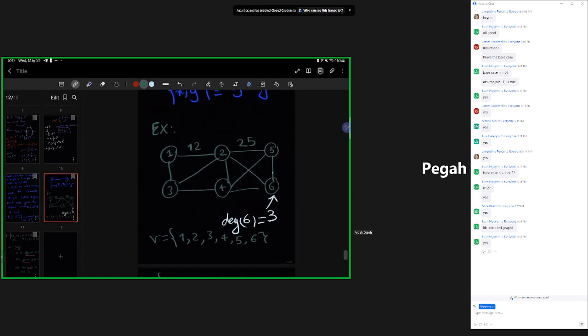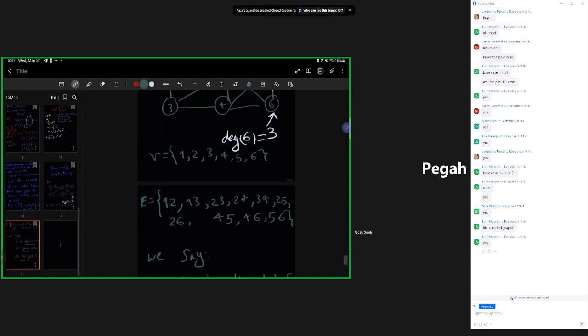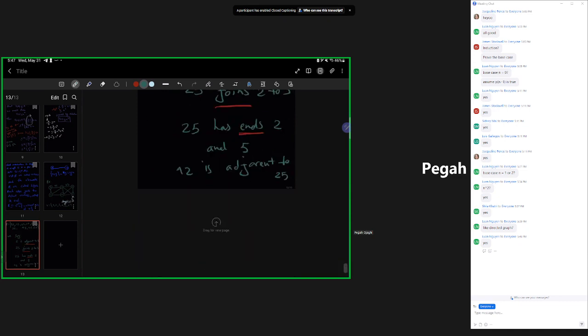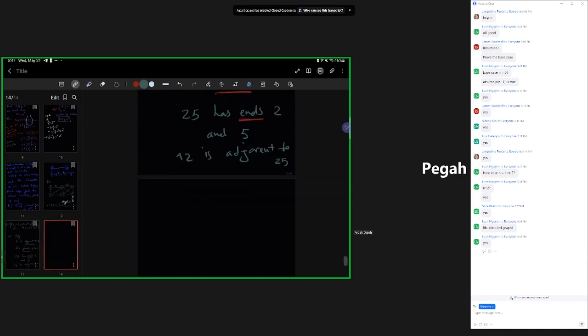And then let's talk about another kind of adjacency. We can consider two edges to be adjacent. For example, 1, 2 and 2, 5 are adjacent. I can say edge 1, 2 is adjacent to edge 2, 5.